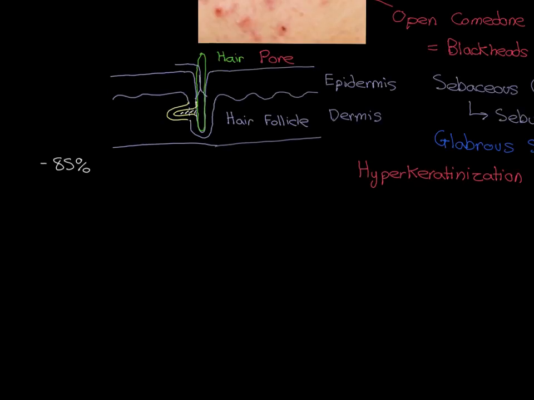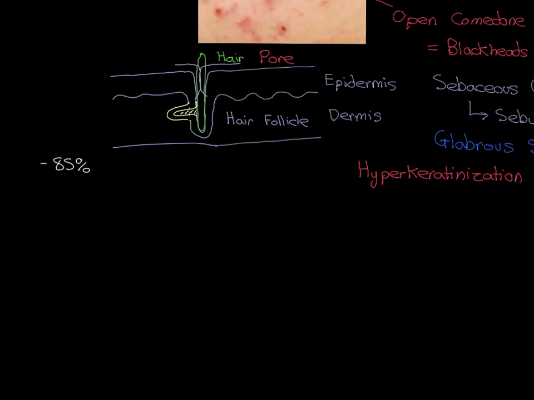So let me draw it in here. Imagine that this has now overgrown and its border is now here, and this is overgrown and its border is now here, and you can see that that's blocked the pore, it's blocked the exit to the hair follicle. This is what hyperkeratinization is and how it's going to cause a problem.